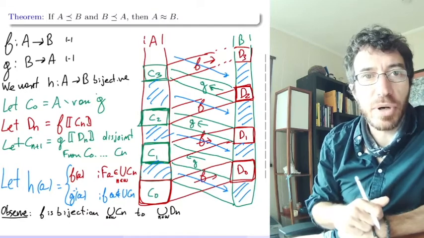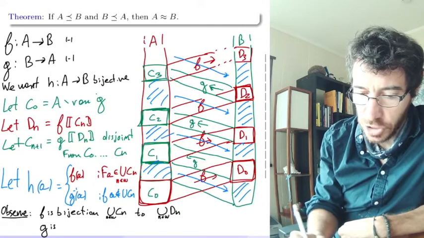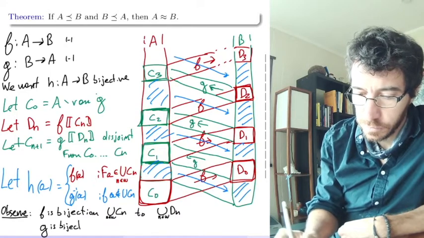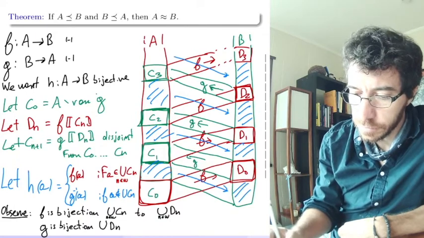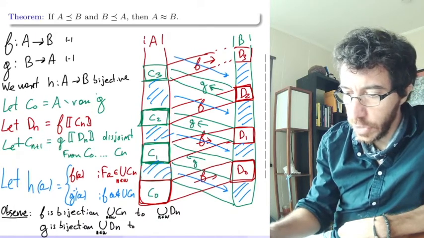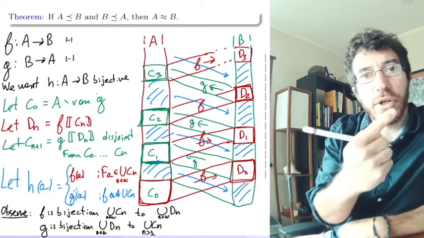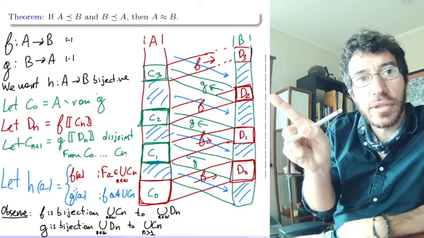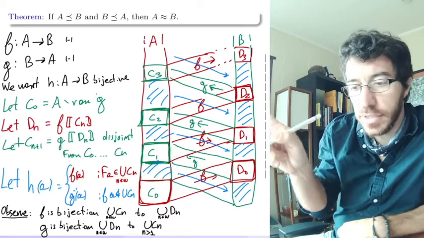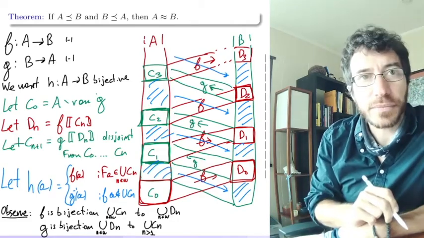And the other thing to observe is that G is a bijection from the union of all the Dn's to the union of all the Cn's for n greater than or equal to 1, because when we go in the G direction, we are skipping C0, but all the D's go to all the C's.